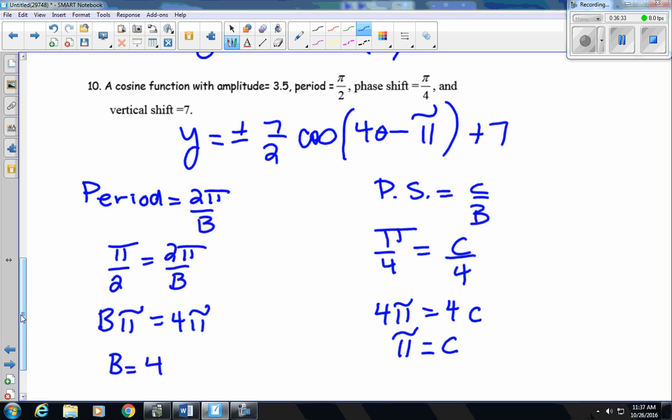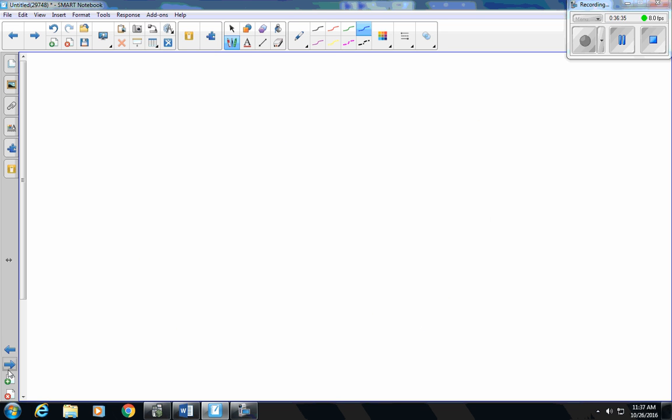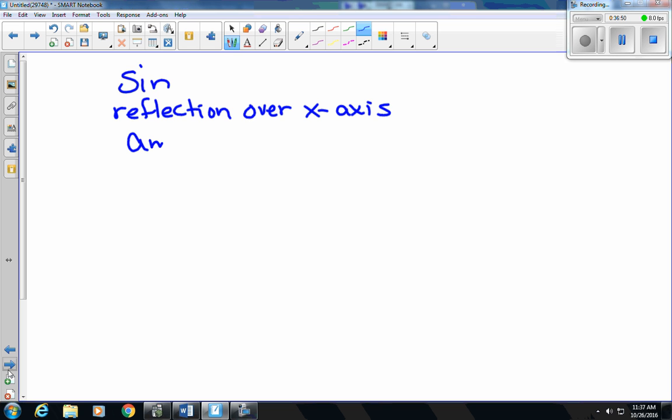Here's your next one. This is a sine function. There is a reflection. We're going to graph this one too. Reflection over the x-axis. Let's do an amplitude of 3.